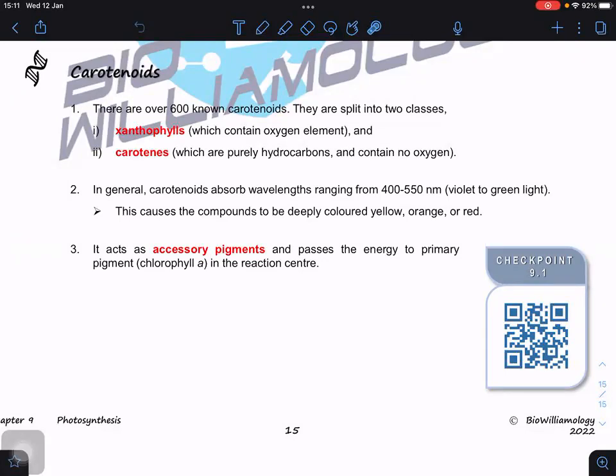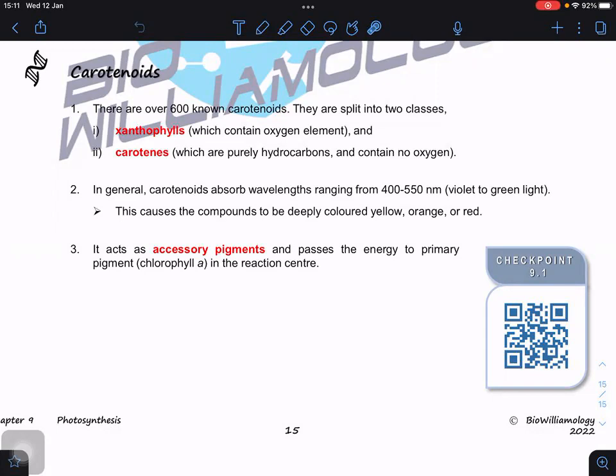So this pigment only absorbs where? Only at the blue-violet regions. Are you clear? So the green together with the red are reflected, so we perceive this light as orange or yellow color.